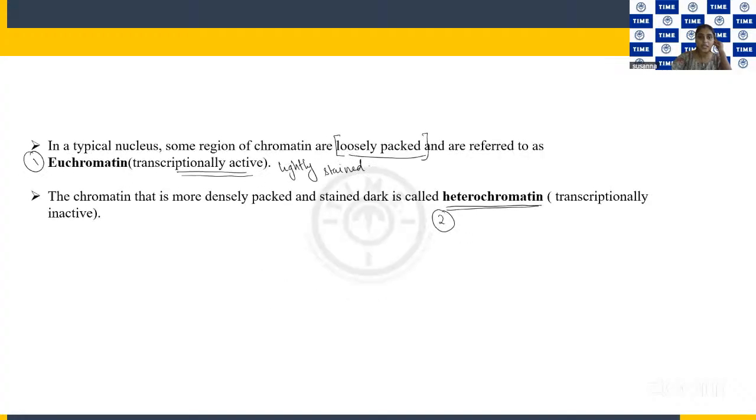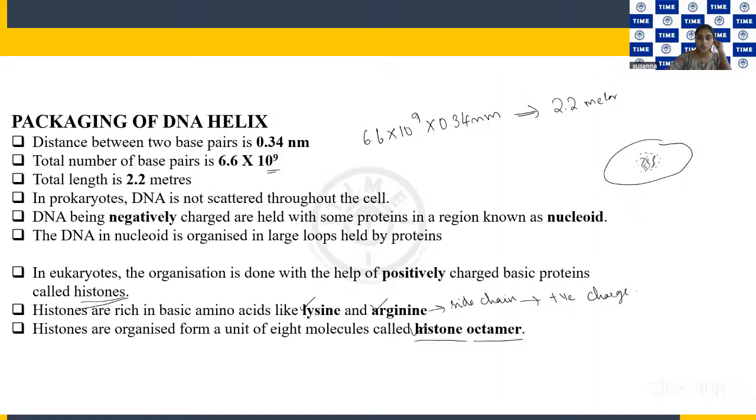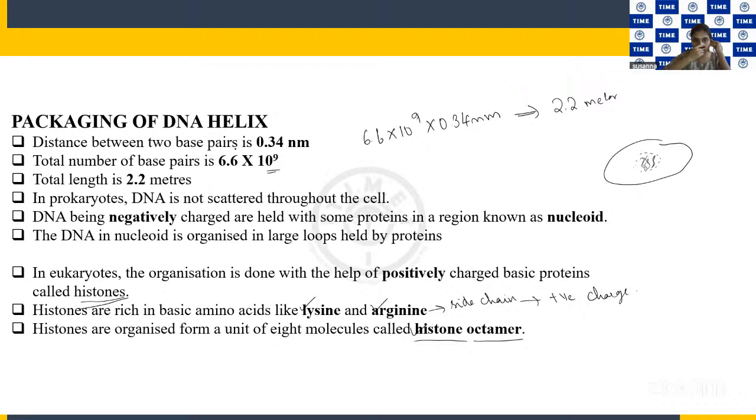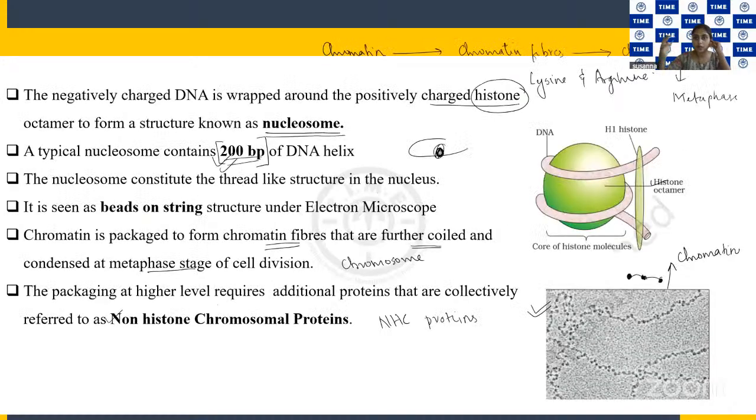Okay, so that is all about packaging of DNA. Basically you have to study what a histone is, how DNA is wrapped around histone, and how many base pairs of DNA are wrapped around histone, that is almost 200 base pairs. Then the histone is made up of basic amino acids like lysine and arginine.